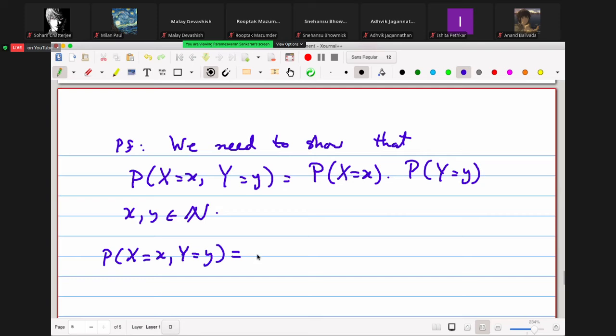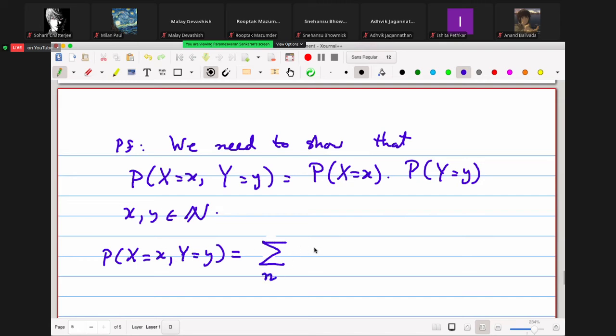Now, before proceeding, if the number of heads is x and the number of tails is y, then the capital N has to be x plus y, right? But we do this in the next step, because otherwise it could be a bit of a confusion. So I write here a summation over n.